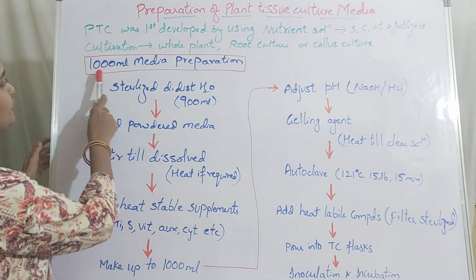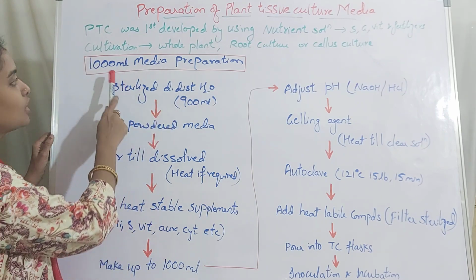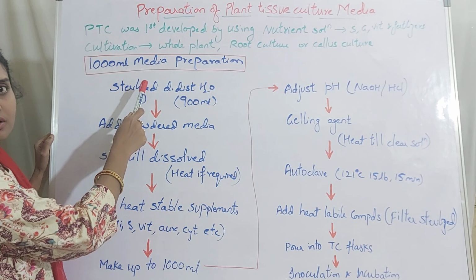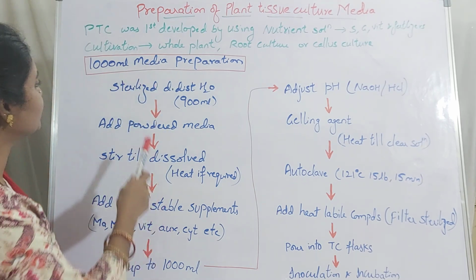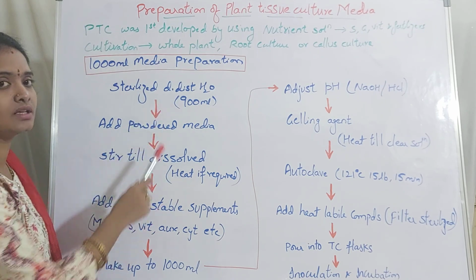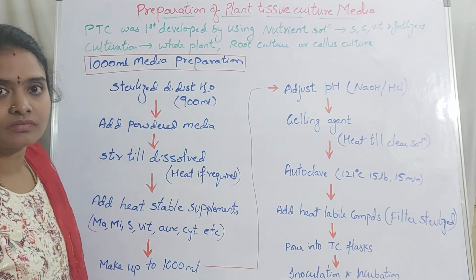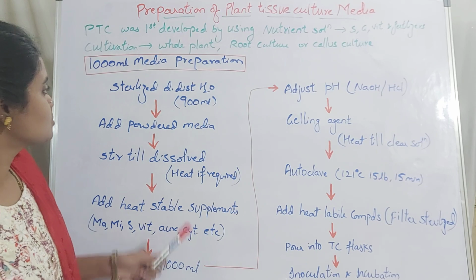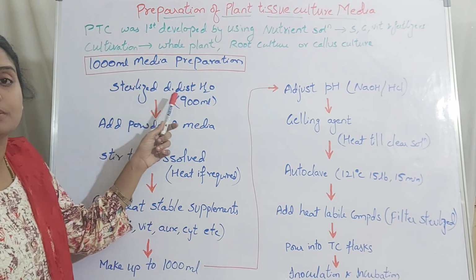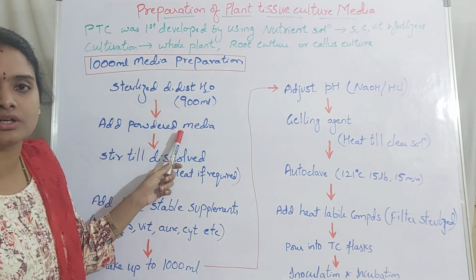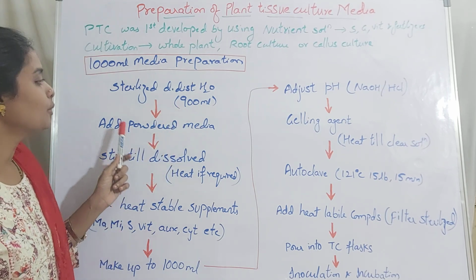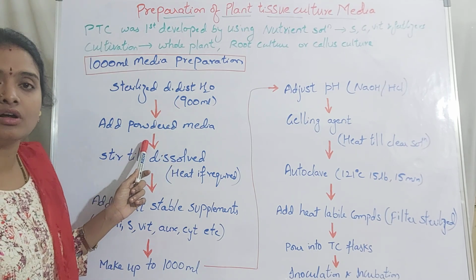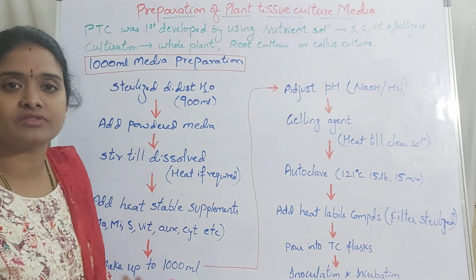First we will see how we are going to prepare 1000 ml media, that is 1 liter media. For that, first you take double distilled water which has to be sterilized. You measure 900 ml, and to that 900 ml you add the media powder, that is all the essential nutrients we discussed in the last class.